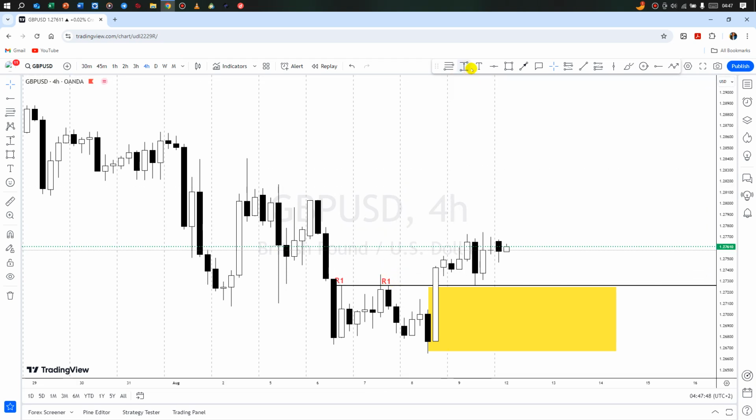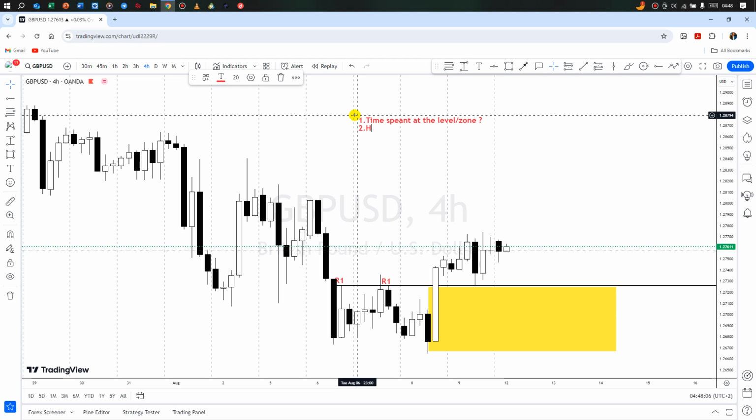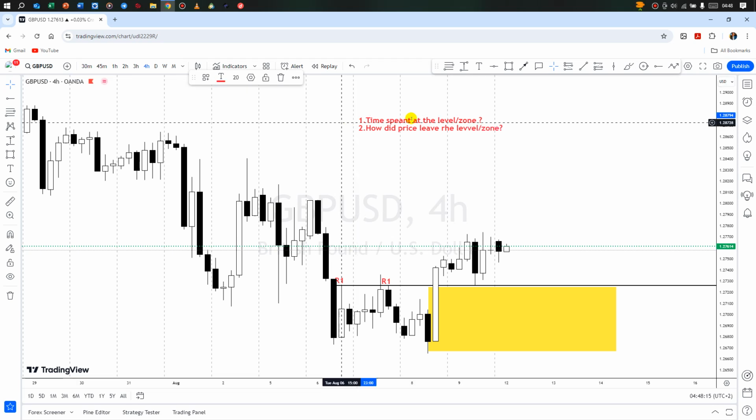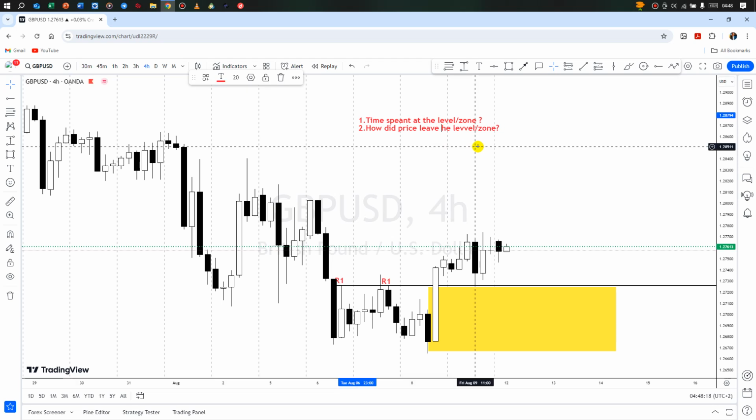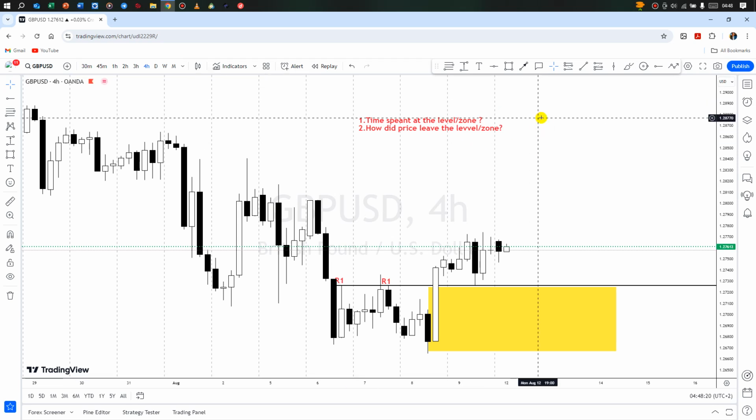So even here we are going to apply the very same rules, whereby we look at the time spent at the level of the zone, then how the price hit the level of the zone.